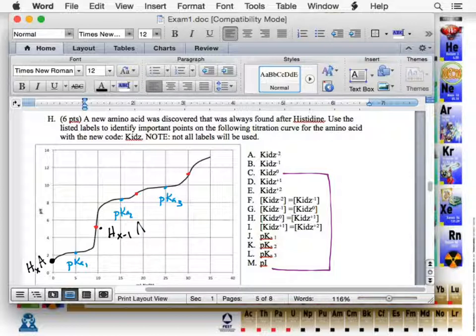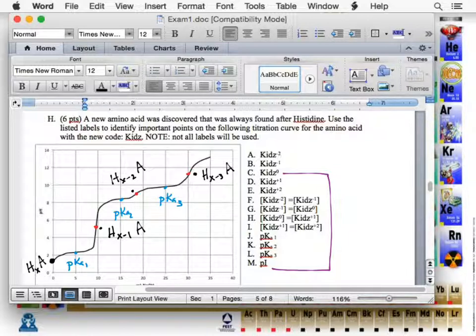HxA minus 1, right? We've lost a hydrogen. At our next point, we will have HxA minus 2. And at our next point, we would have HxA minus 3.